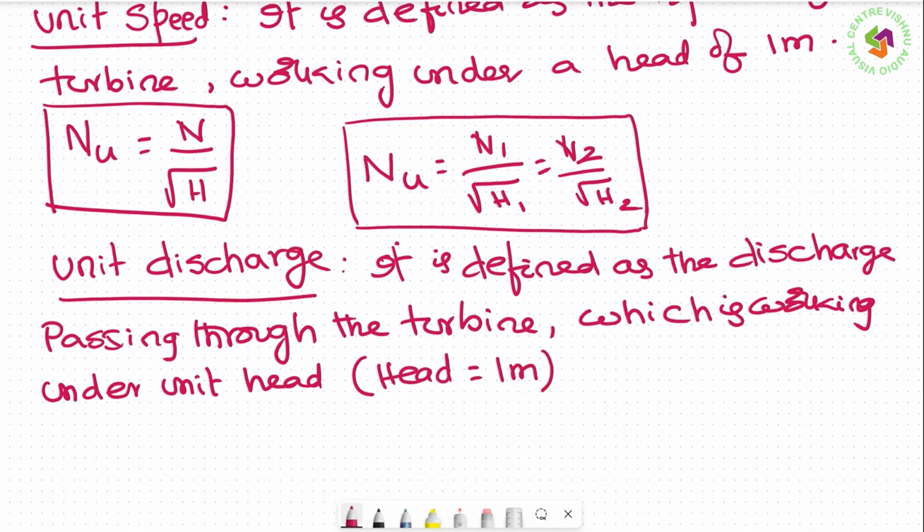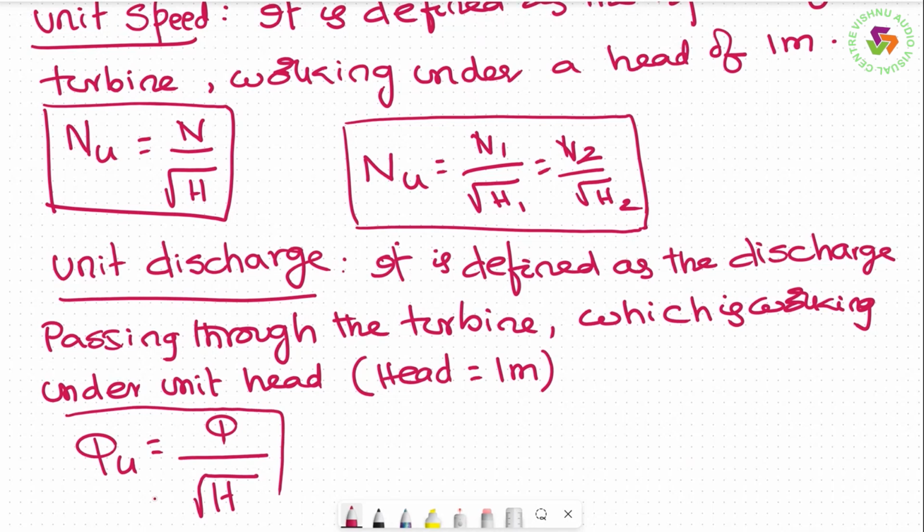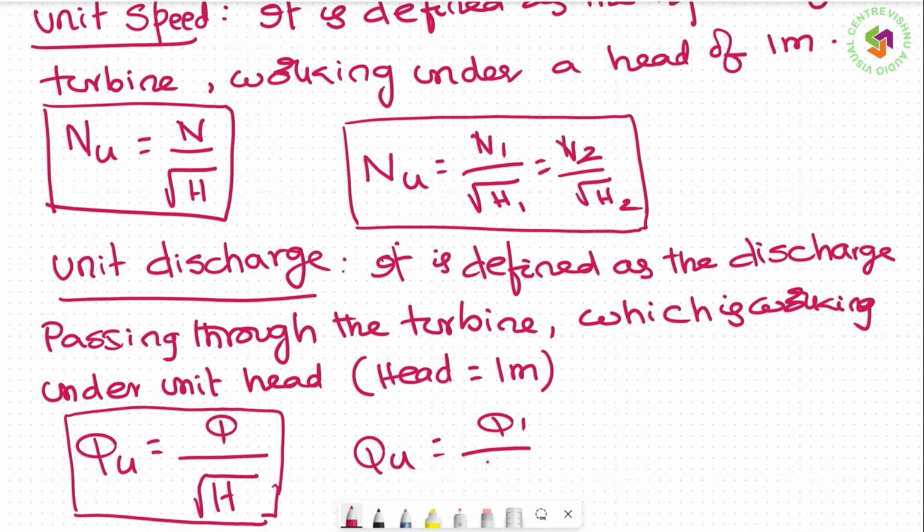It is defined as the discharge passing through the turbine which is working under unit head, and this is represented by Qu is equal to Q by root H, or Qu is equal to Q1 by root H1 is equal to Q2 by root H2.